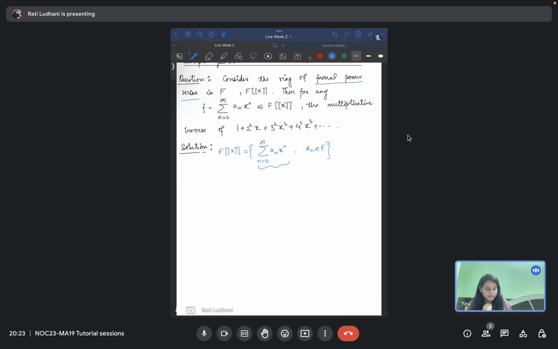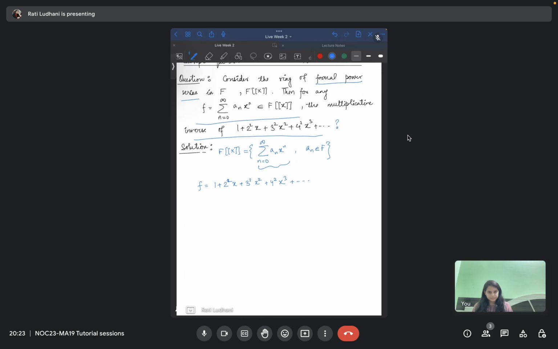Then for any f, you need to find the multiplicative inverse of this element. You have 1 plus 2 square x plus 3 square x square plus 4 square x cube, and so on. Let's say this is f. There's a trick to do that, the general trick we used in high school.